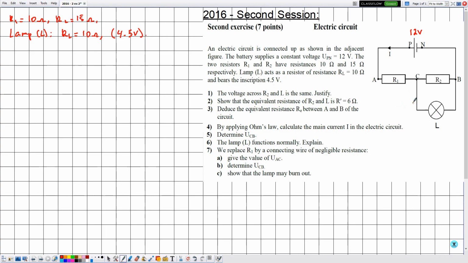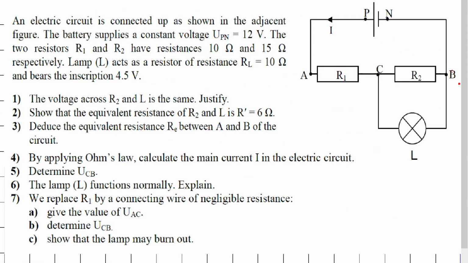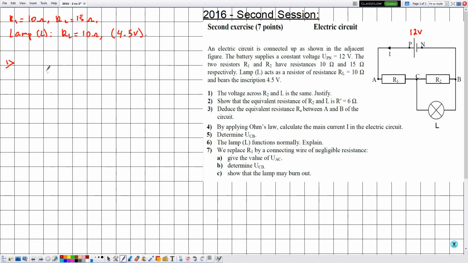L is functioning normally. Now number one, they are telling me the voltage across R2 and L is the same, justify. Notice that here R2 and L are in parallel. Then according to law of uniqueness of voltages, they have the same voltage. Moreover, in number one, they are telling me they have the same voltage, and same voltage means law of uniqueness of voltages. So first, let's mention that R2 and L are in parallel.